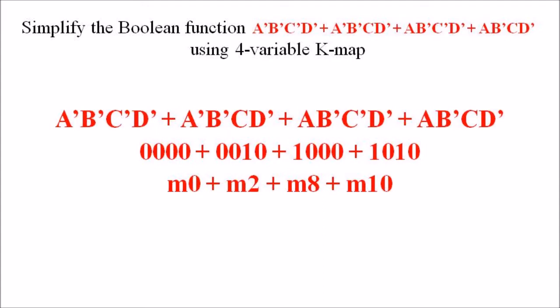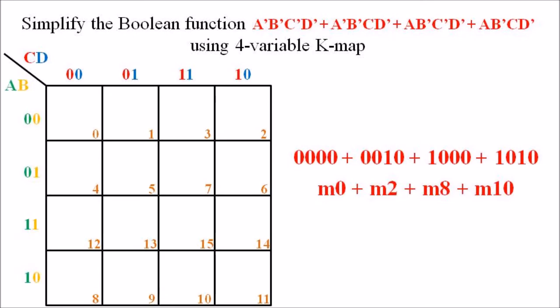Here we can see 4 different variables. Therefore we are using a 2 raised to 4, that is 16 cell, K-map. That means the K-map has 4 rows and 4 columns, where the rows represent the variables a and b, and the columns represent the variables c and d.